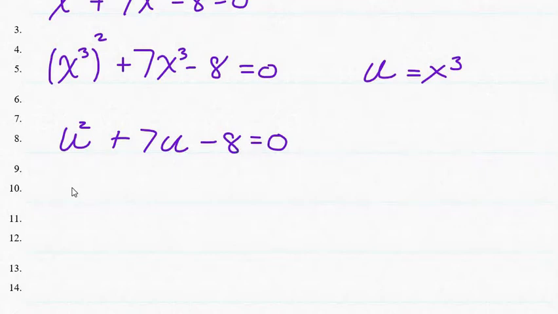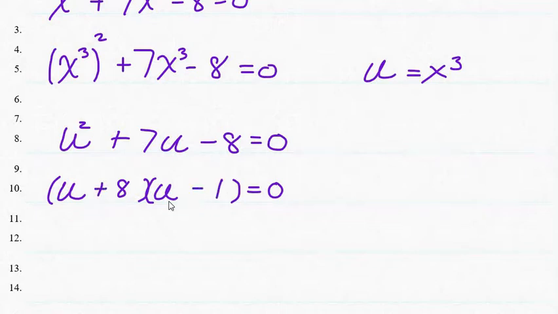Two numbers multiplied together give us -8, and when we add them we get 7. Probably 8 and 1. Let's make this positive and that negative.